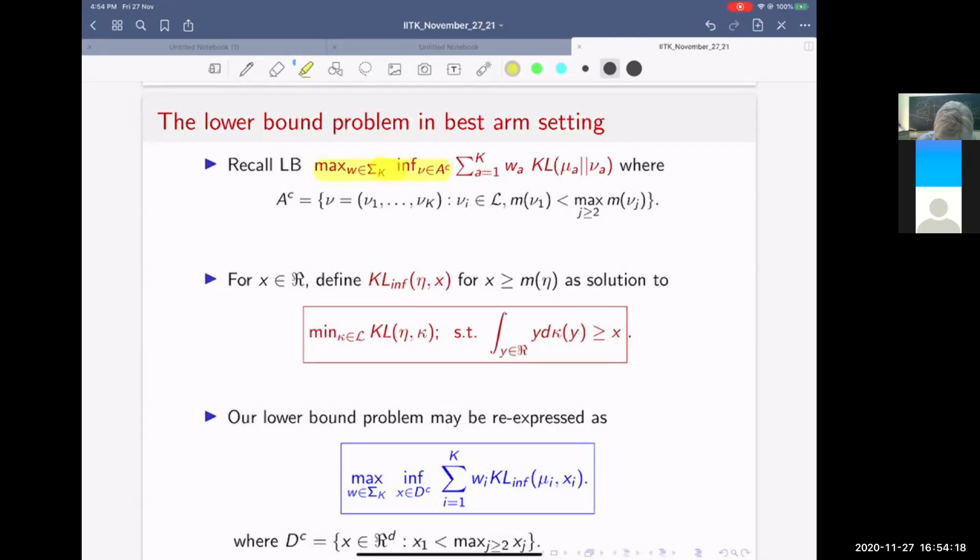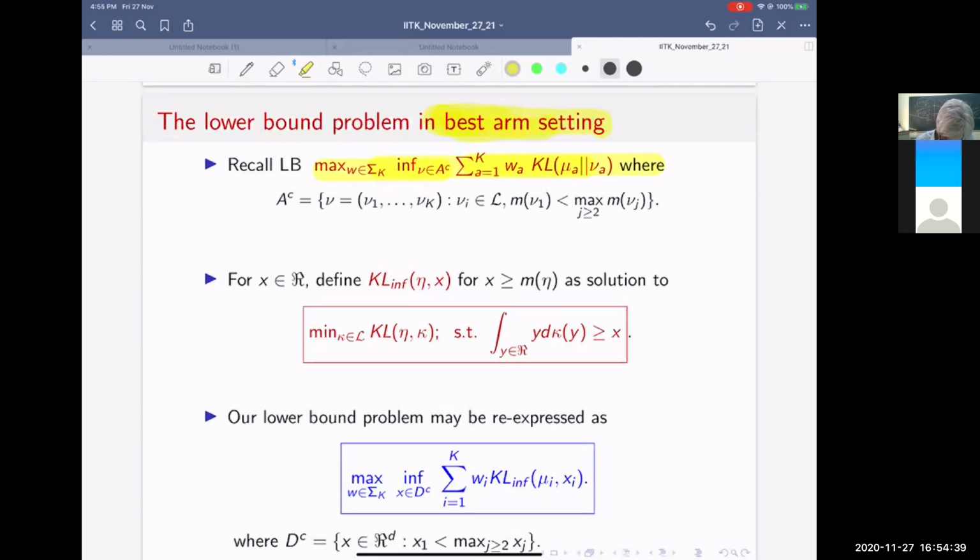So this is a lower bound now, where A complement again. Now I'm going to just look at the best arm setting, just to illustrate the ideas more cleanly. So now I'm saying that the best arm is arm 1, and I want to solve this lower bound problem. Essentially saying, what's the lower bound on expected number of times I should pull all the arms.